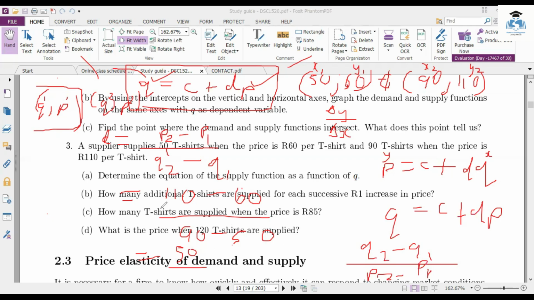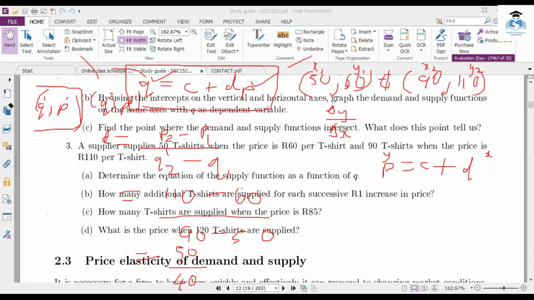So 110 minus 60, that's 50, then we have 40, which is equal to 1.25. So D is equal to 1.25.